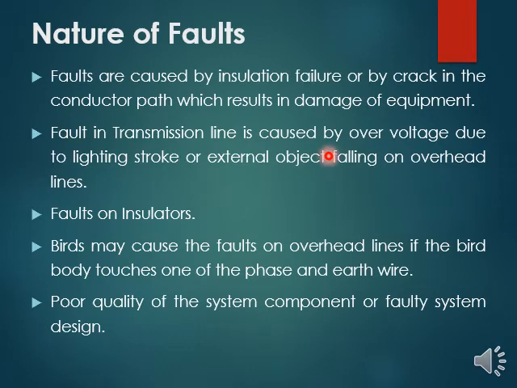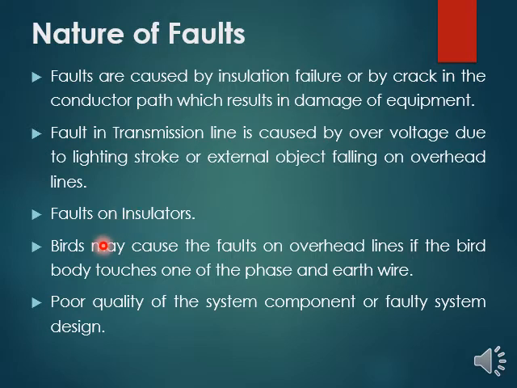Now, what is the nature of faults occurring? Faults can be caused by insulation failure or by a crack in the conductor path, which results in damage of equipment. Faults in transmission lines are caused by overvoltage due to a lightning stroke or an external object falling on the overhead lines. Next, faults on insulators.